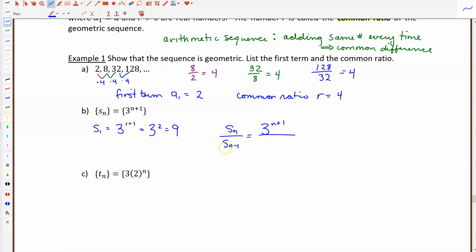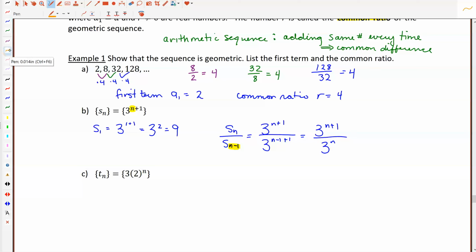And the denominator s sub n minus 1 is going to be 3 to the n minus 1 plus 1, because the subscript is telling me that in my general expression, where I'm seeing n, I will replace that with n minus 1. If I clean this up, I'll have 3 to the n plus 1 over, and cleaning up the exponent, n minus 1 plus 1 just gives me 3 to the n.